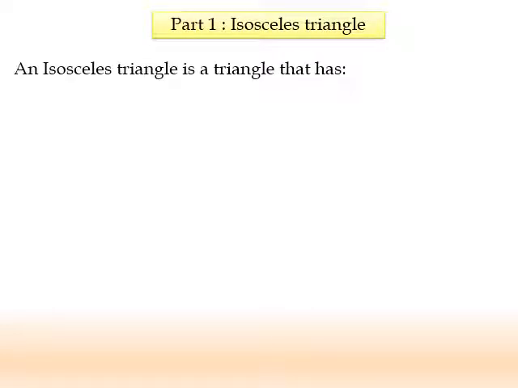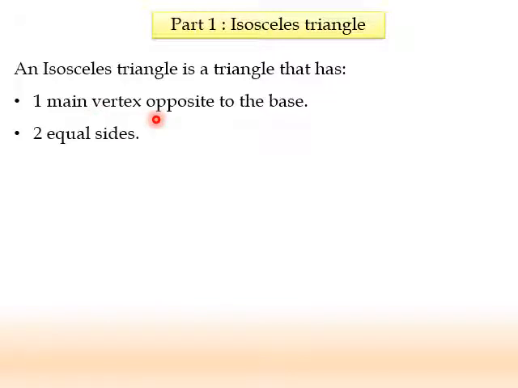Now, let's talk in detail about the isosceles triangle. It's a triangle that has one main vertex opposite to the base. The main vertex is a vertex holding the two equal sides, and the two angles at the base are called base angles of isosceles.